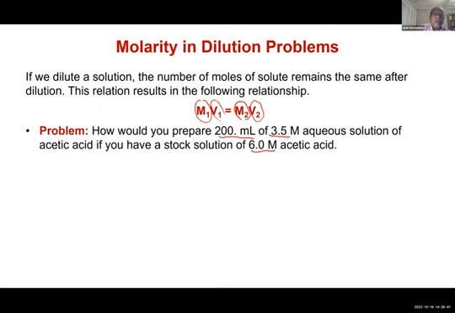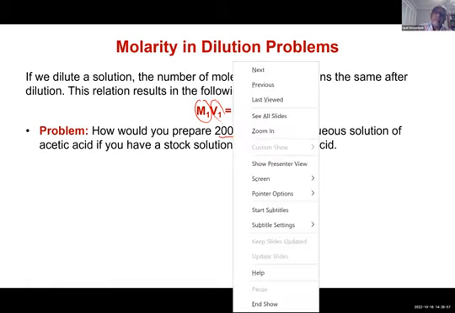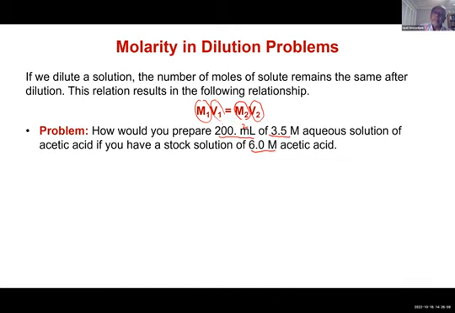You have to understand that 200 is V2 and 3.5 is M2, because these are the final aqueous solution. This is M1, the initial, or what you started with.